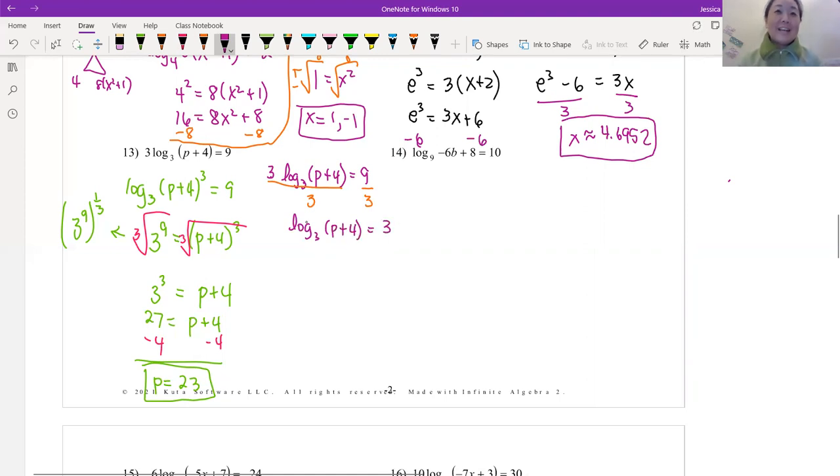You see how that goes? And then we change this to exponential form. So that's going to be 3 to the 3rd power is equal to p plus 4. Do you see how this is a little bit simpler? So we cut all this stuff and we go right to here, which is nice. And then this is going to be 27 is equal to p plus 4. And then again, we subtract 4 on both sides and we still get p is equal to 23.